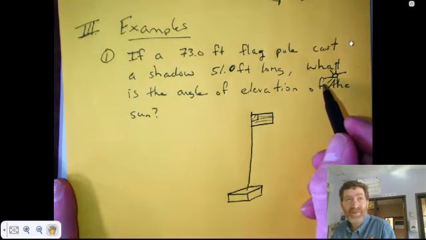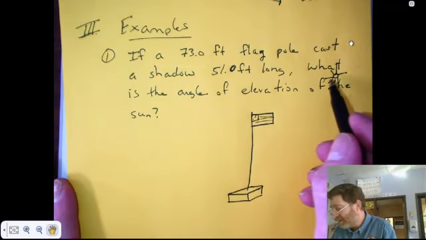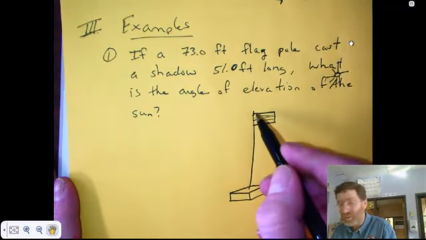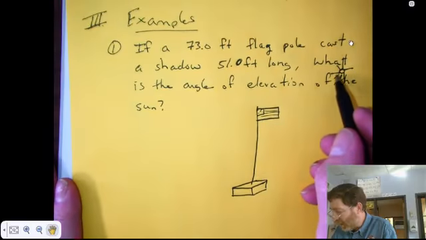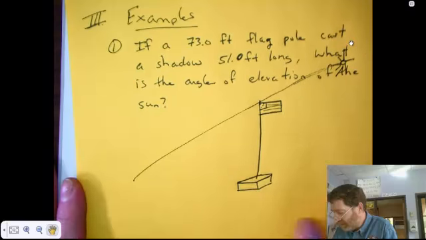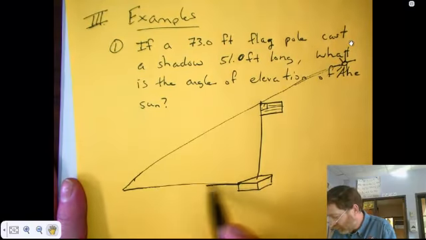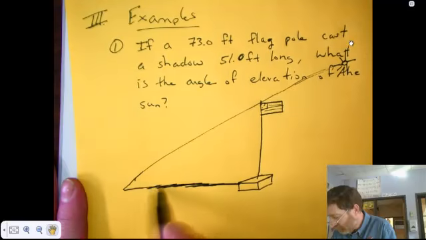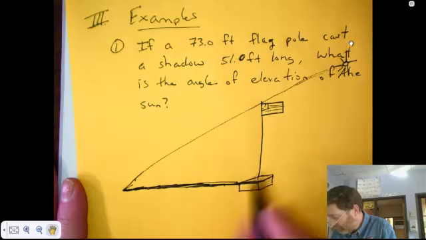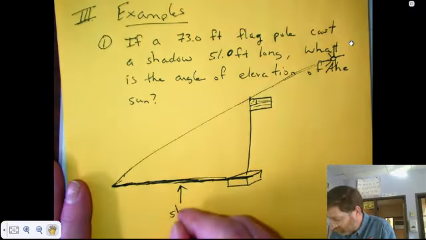Not really, but those lines are just invisible in real life. Anyway, when the sun shines, of course, the flagpole blocks the rays of the sun, right? Which means we get a shadow here. So this would be the shadow of the flagpole.